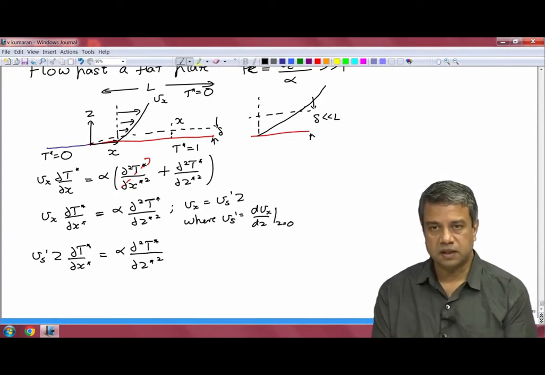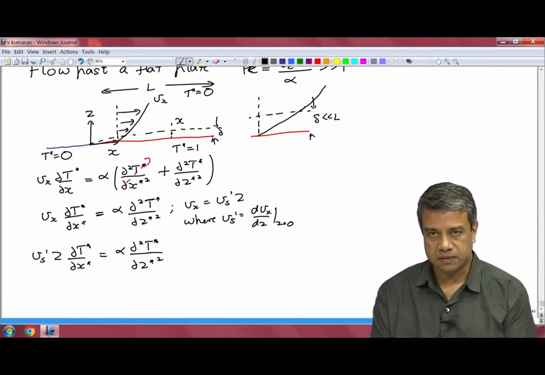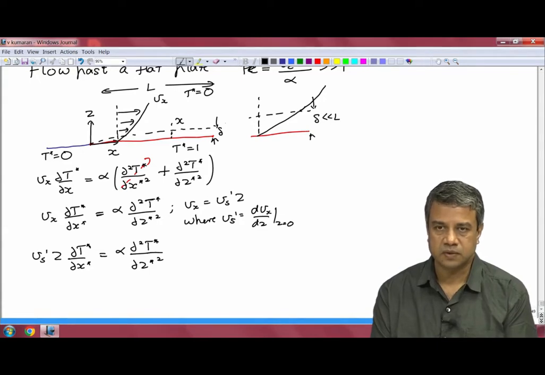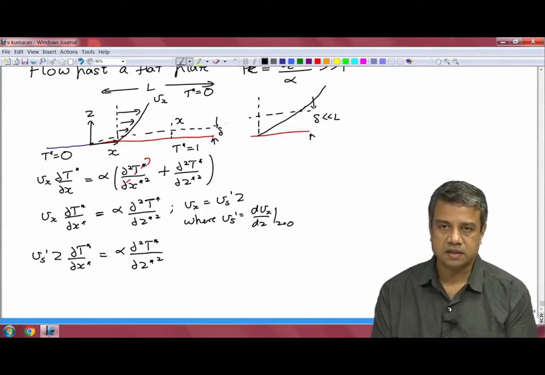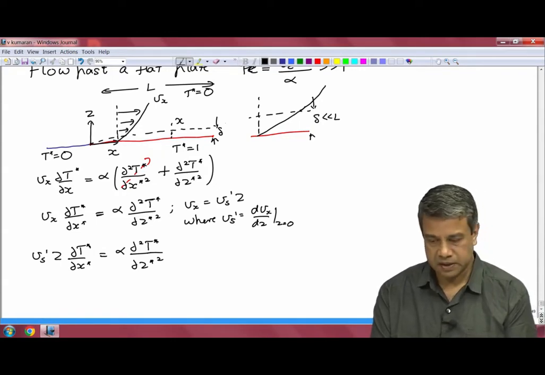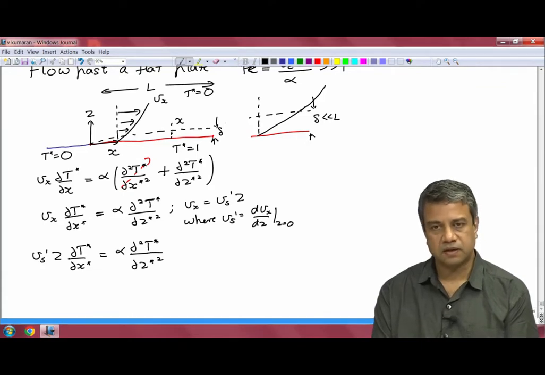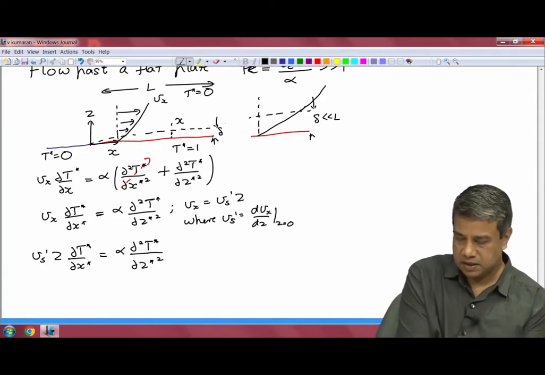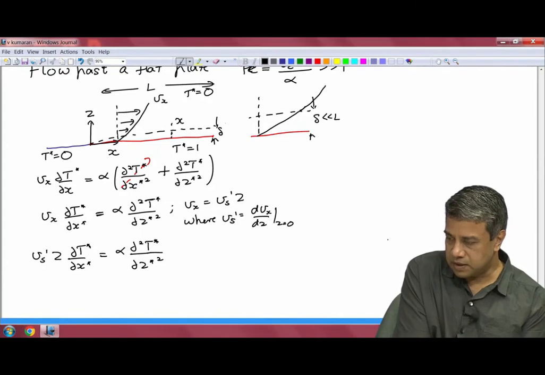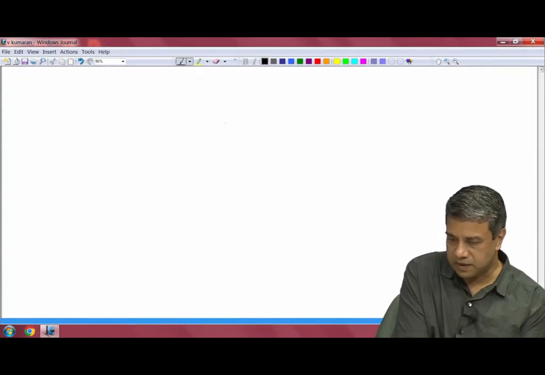Diffusion is only in the cross stream direction, and convection is only downstream. We have neglected diffusion in the streamwise direction. Specifically, the total length of the plate cannot affect the temperature at a location x, and therefore, the temperature at that location x has to be only a function of x itself.